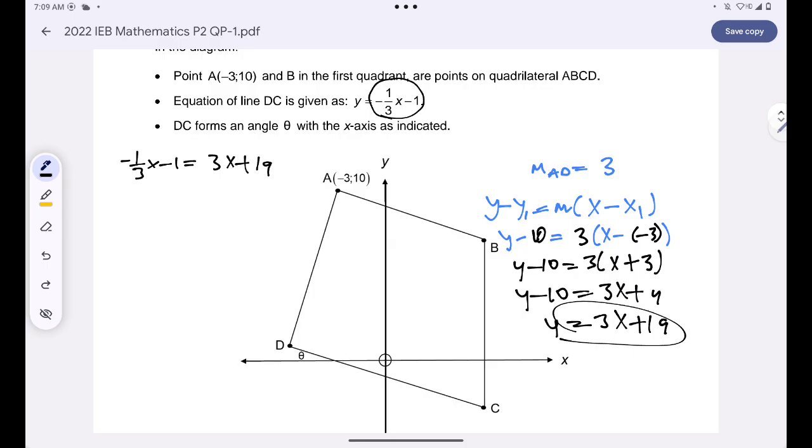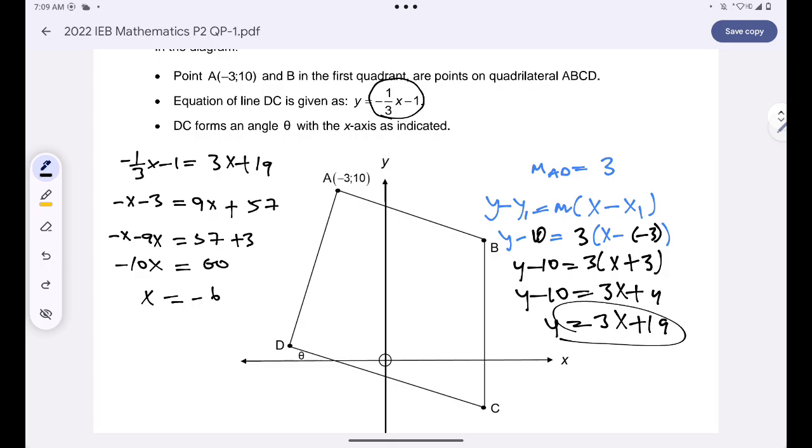All I need to do here is to multiply everything by the LCD. My LCD is 3, so I'll simply have -x minus 3 is equal to 9x plus 57. What is 19 times 3? That's 57. And then all I need to do is to take the 9x to the other side. I will have -x minus 9x is equal to 57 plus 3. Then -10x is equal to 60. I'll divide both sides by -10. I'll simply get x to be equal to -6.